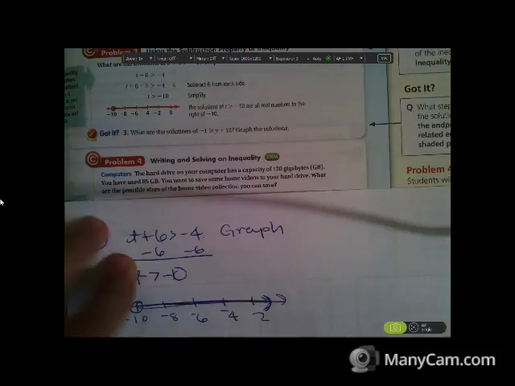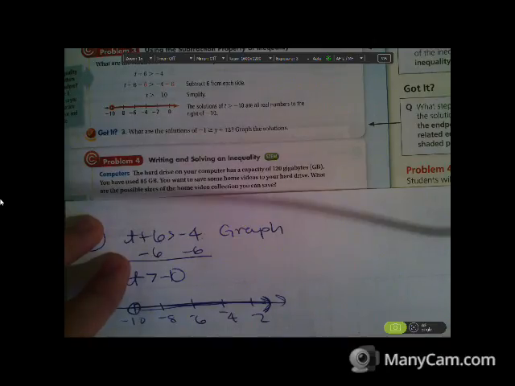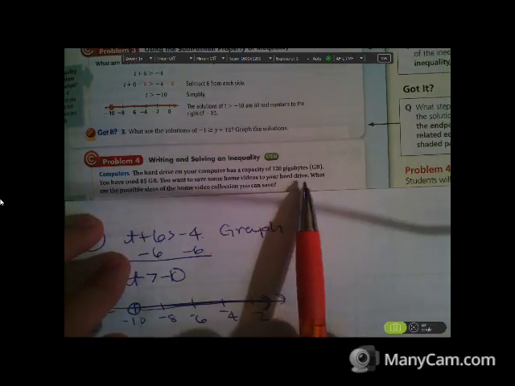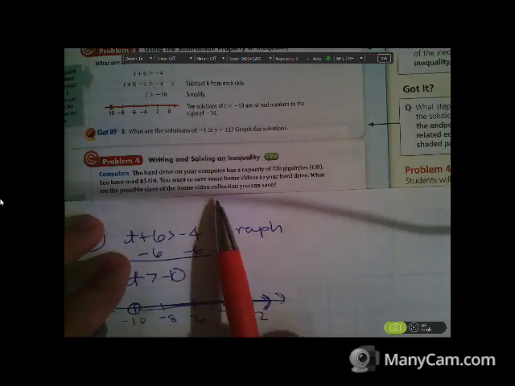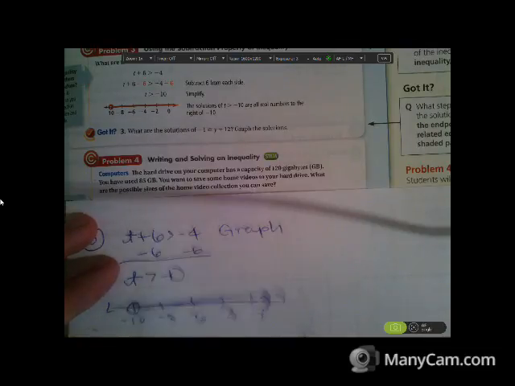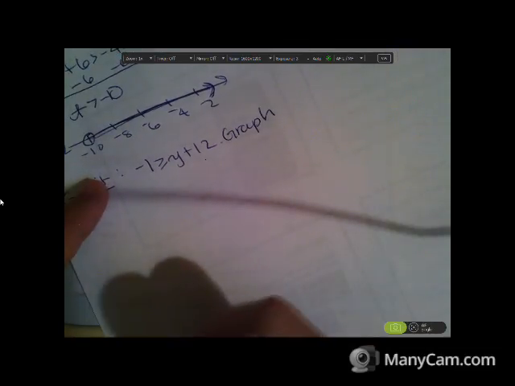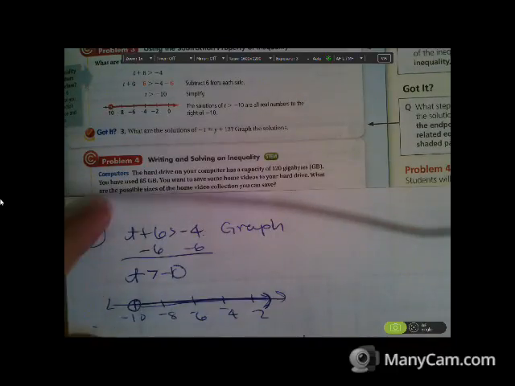Alright, problem 4. The hard drive on your computer has a capacity of 120 gigabytes. You have used 85 gigabytes. You want to save your home videos on your hard drive. What are the possible sizes of the home video collections you can save? Alright, so we have a capacity of 120 gigabytes, and then we have used 85 of them.